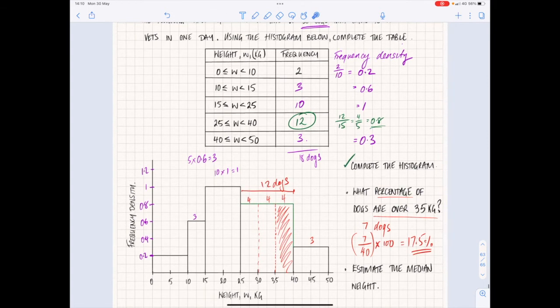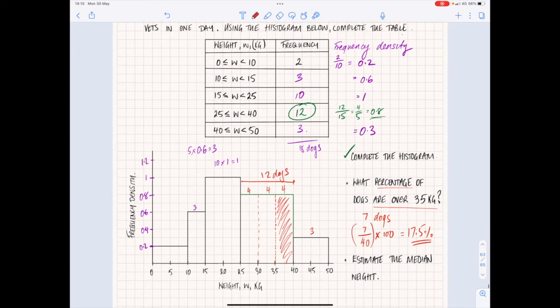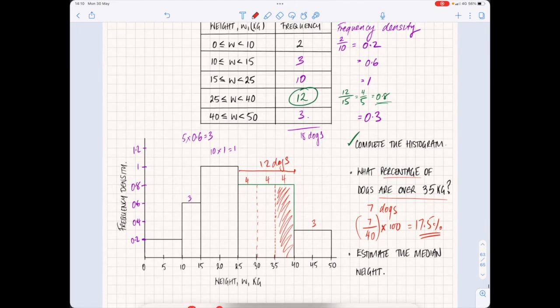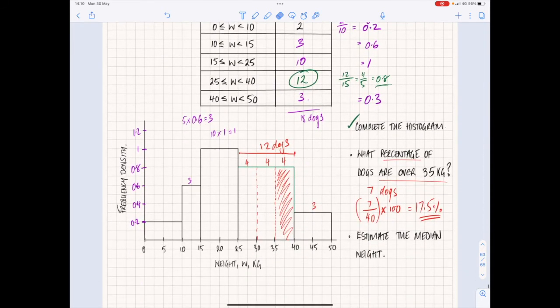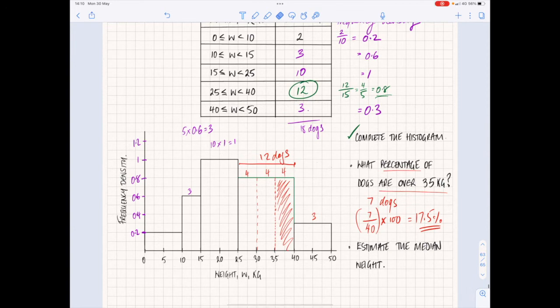It then says estimate the median. So let's go back to the question we did at the start. How can we use this information to find the median? Well, again, there are 30 dogs in this one. So we're going 30 plus 1, which is 31, divided by 2, which gives me 15.5.